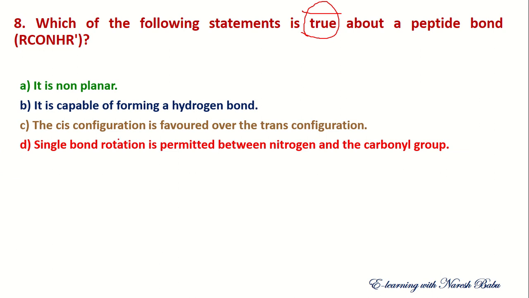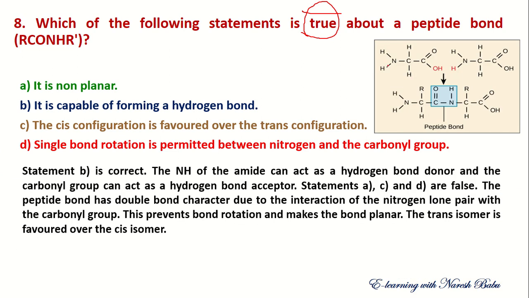If you see, the amino acids, by removal of a water molecule, make a peptide bond, and the CONH bond is formed. This CONH only we call a peptide bond. So if you observe, statement B is correct.